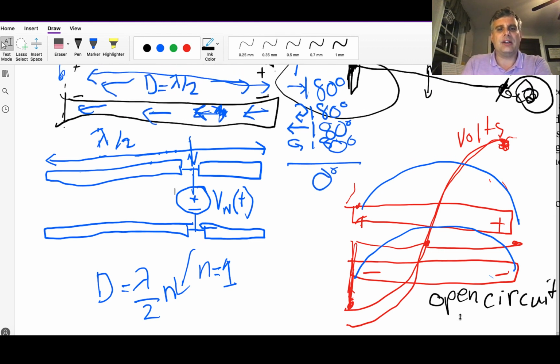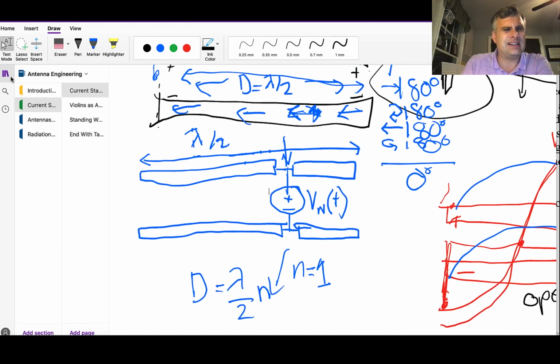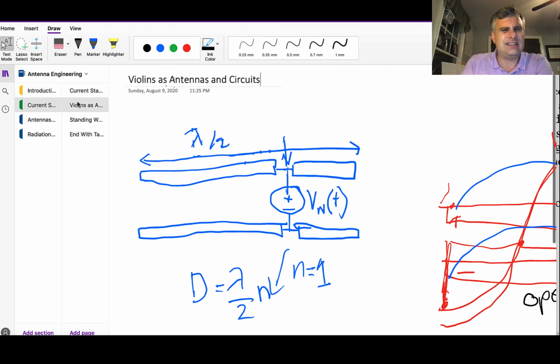Antennas, in general, behave as three types of problems.